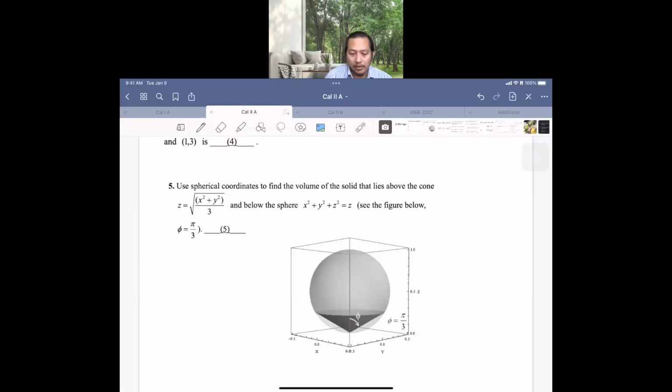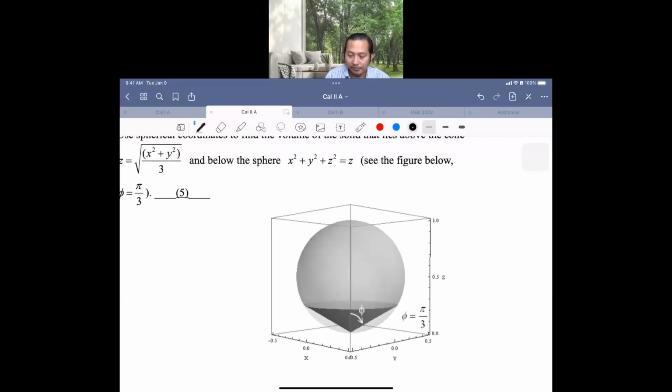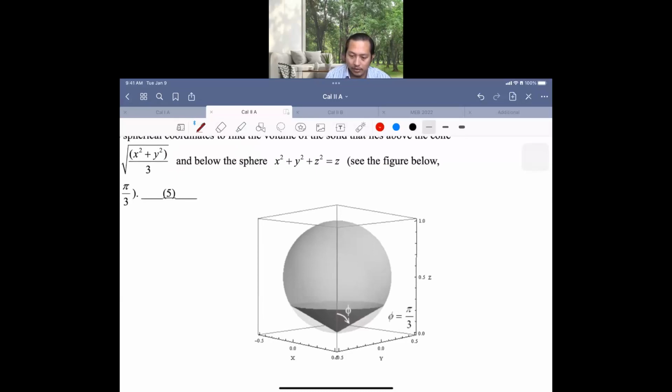Now the second one, we have a solid. The solid lies above the cone, as in the picture, and below the sphere. This is the sphere, the red color here.